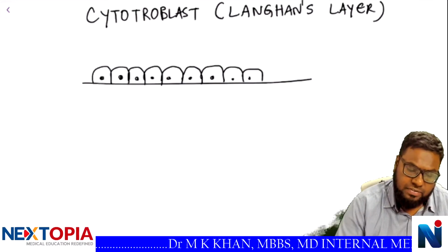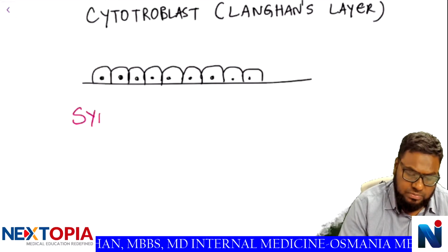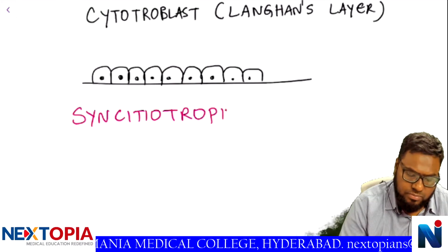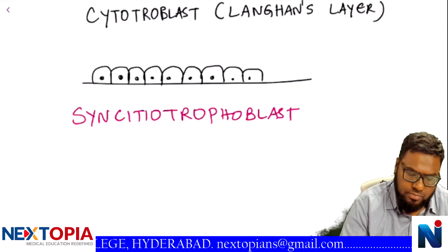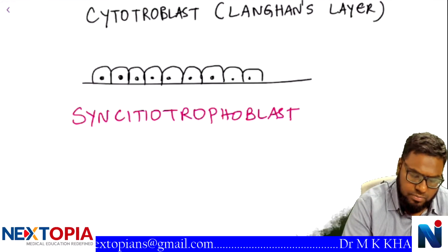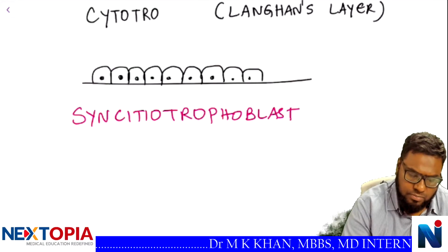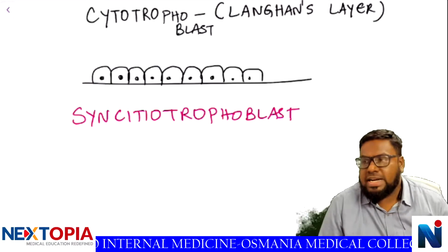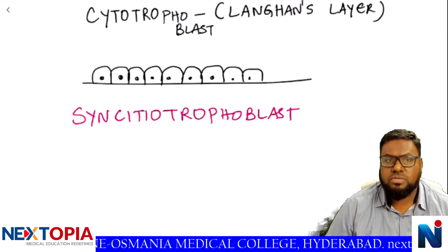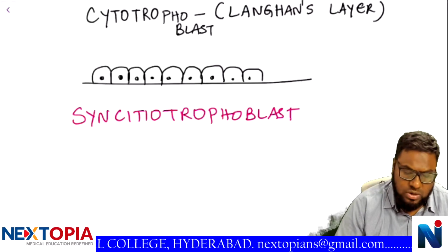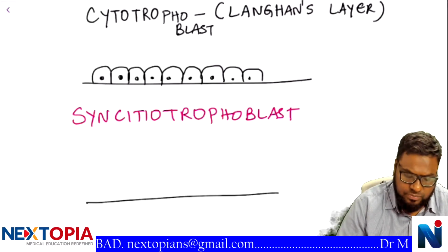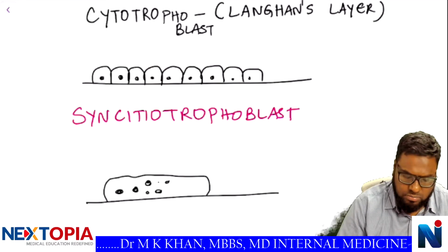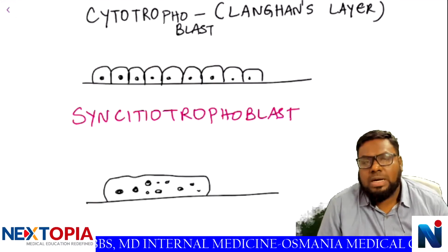Then another differentiation we all know is syncytiotrophoblast. So we've got cytotrophoblast and syncytiotrophoblast. What is syncytiotrophoblast? The outer layer has got multinucleate cells.